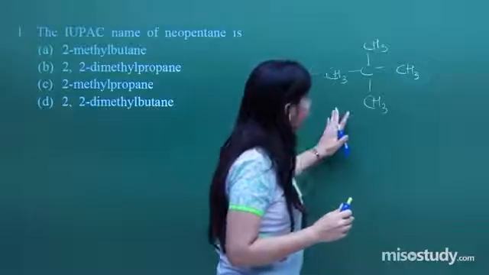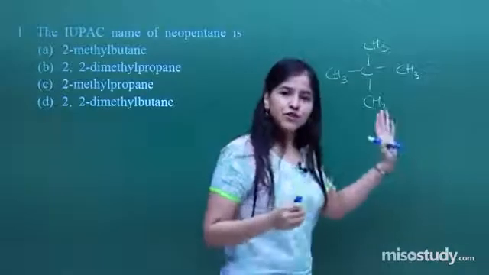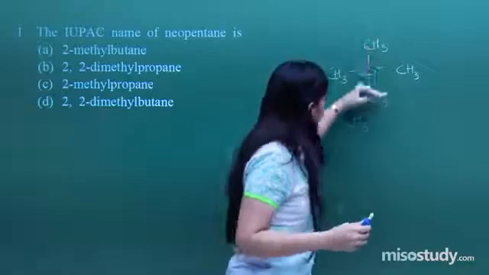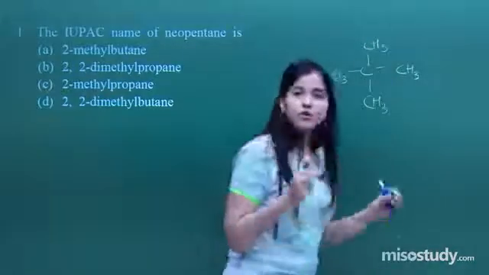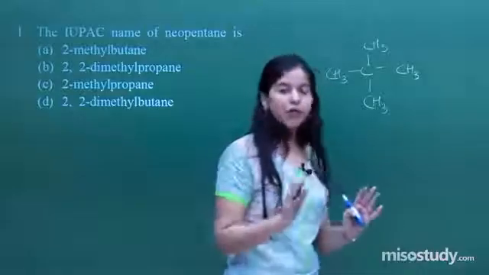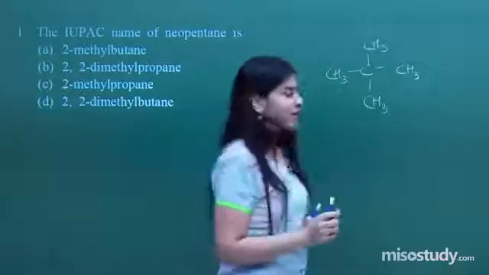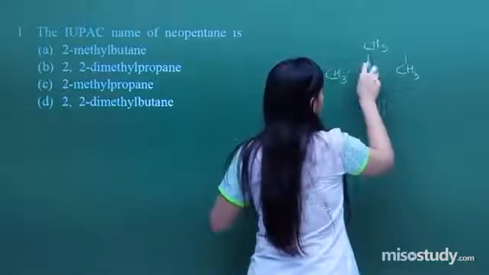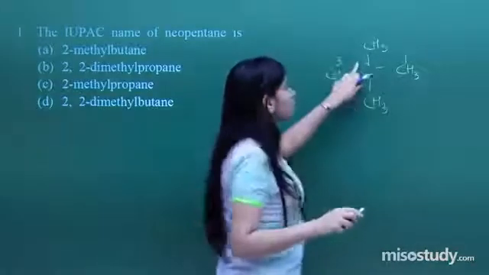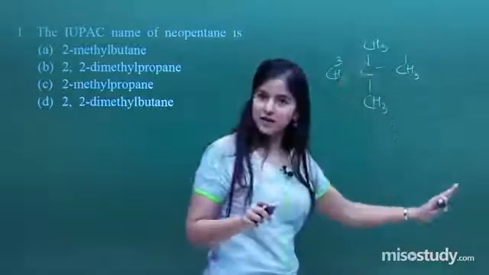You need to have a proper IUPAC name to it. So how will you give it? You can choose either of the word roots, like this one, or this way or that way. It could be any way, it will be the same IUPAC name every time. So let us have the numbering 1, 2, 3. That means on the second carbon I have got 2 methyls.